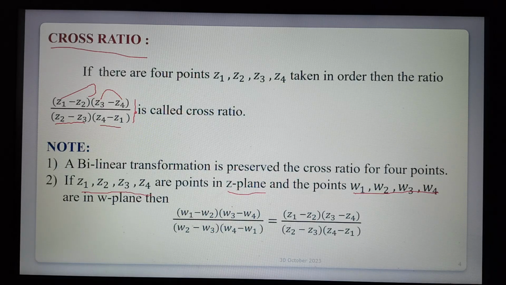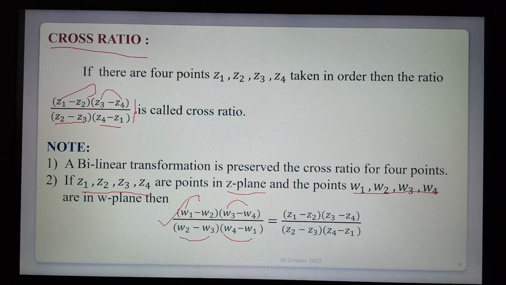That is, the cross ratio in the w plane, (w1 minus w2) into (w3 minus w4) by (w2 minus w3) into (w4 minus w1), is equal to the cross ratio in the z plane.